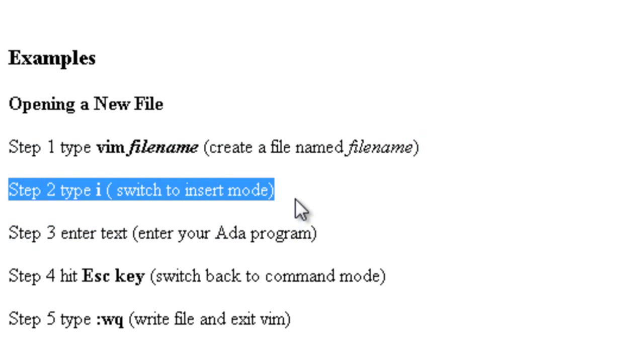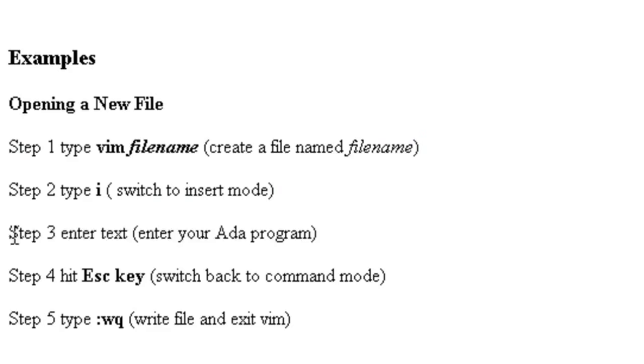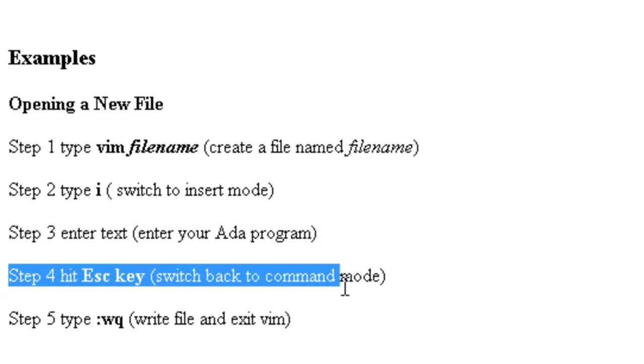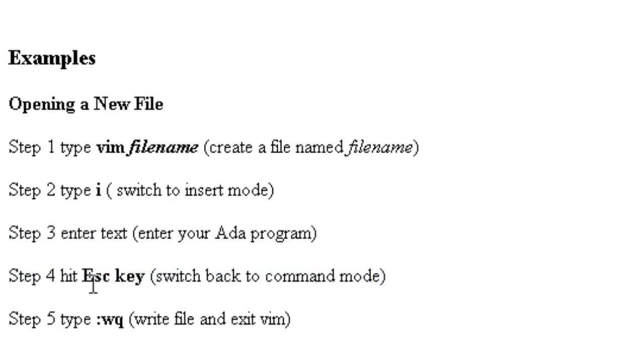The third step is to enter the text, whatever you want. After that, hit the escape button, and press shift colon wq to write and save. This is very simple to use.